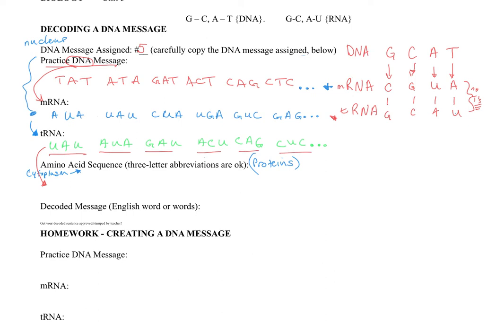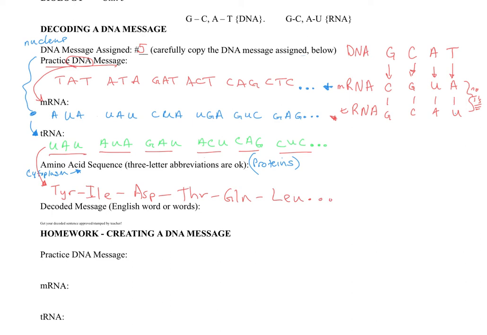UAU, TYR, AUA, ILE, GAU, ASP, ACU, threonine, CAG, GLN, and then CUC. So this is our official protein or amino acid sequence.